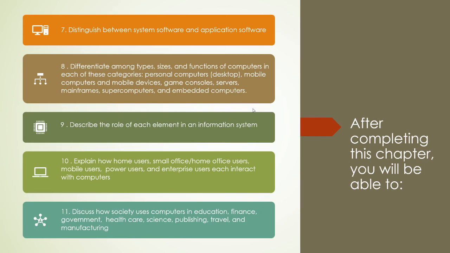Number nine, describe the role of each element in an information system. Number 10, explain how home users, small office users, mobile users, power users, and enterprise users each interact with computers. So there are different types of users. We will also discuss this one. And lastly, discuss how society uses computers in education, finance, government, healthcare, science, publishing, travel, and manufacturing.